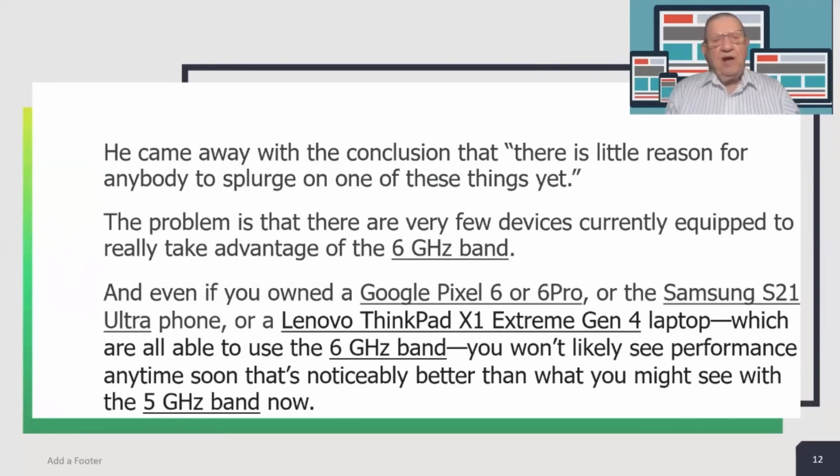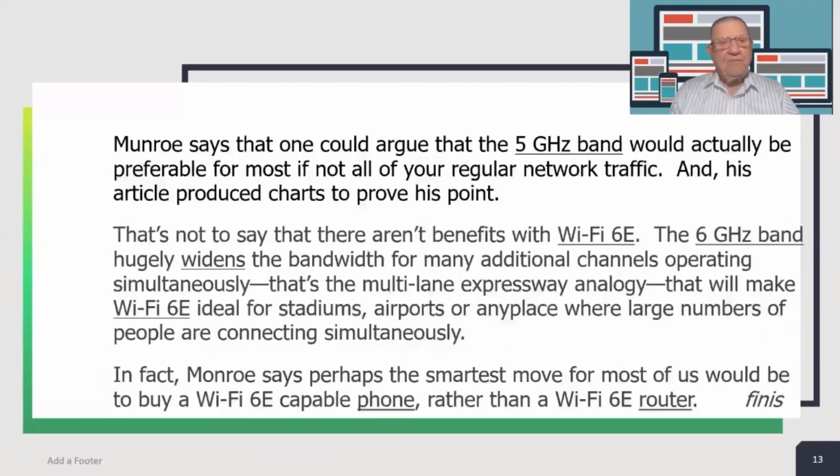So even if you own a Google Pixel 6 or Pixel 6 Pro or the Samsung S21 Ultra phone or a Lenovo ThinkPad X1 Extreme Gen 4 laptop, which are all able to use the 6 gigahertz band, you won't likely see performance anytime soon that's noticeably better than what you might see with the 5 gigahertz band right now.